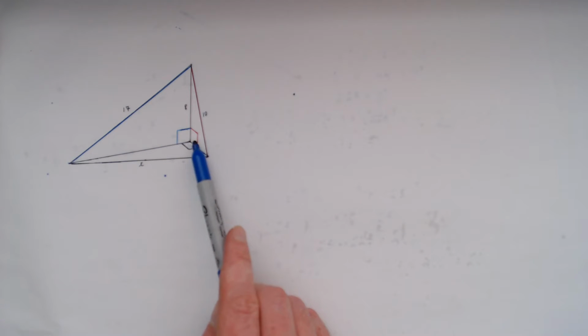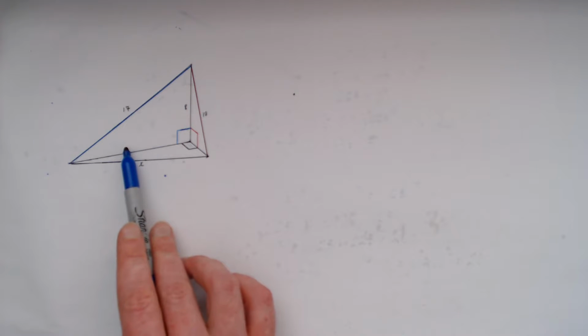Okay, so we're going to use the Pythagorean theorem again to calculate x, but in order to calculate this side, we need to know 2 other sides: this side here and this side here.